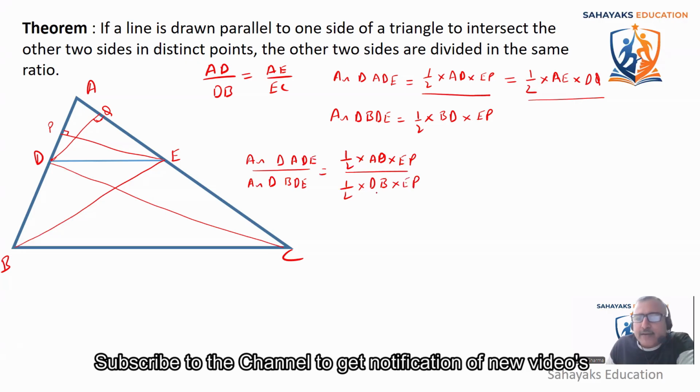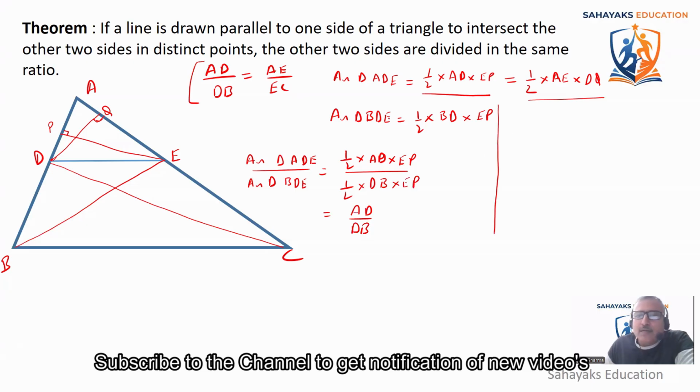And finally, because the half will cancel out and EP will cancel out, it comes out as AD by DB. Why are we finding AD by DB? Because here we have to prove that AD by DB is equal to AE by EC. So we want to come to that level.